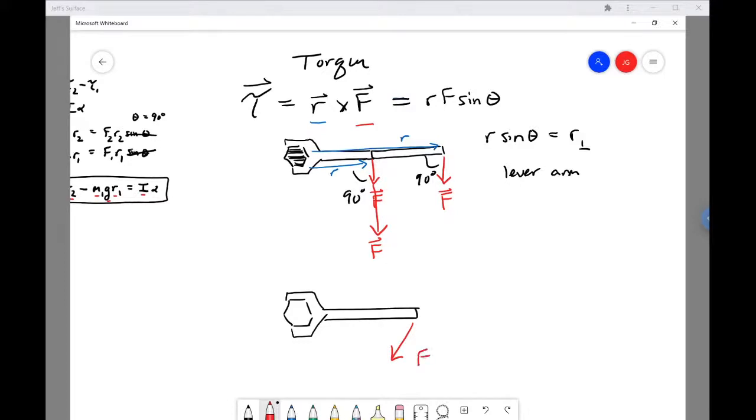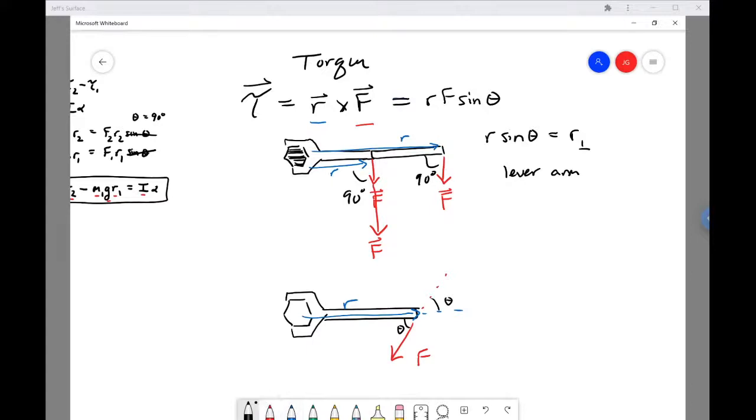So F is at an angle relative to R. All right, so these two vectors make an angle relative to one another. Well, I guess I could draw it here or here.